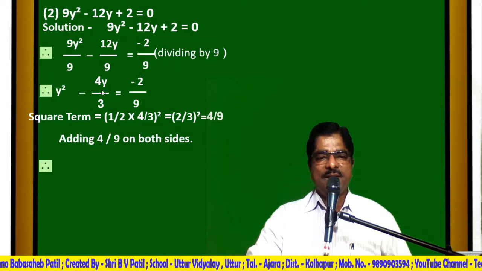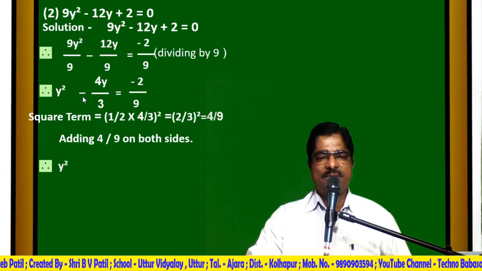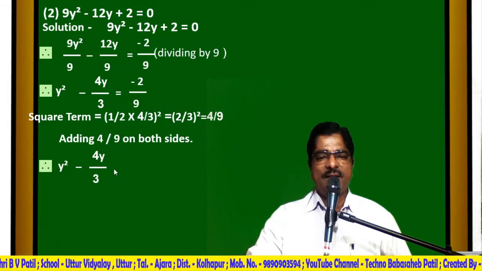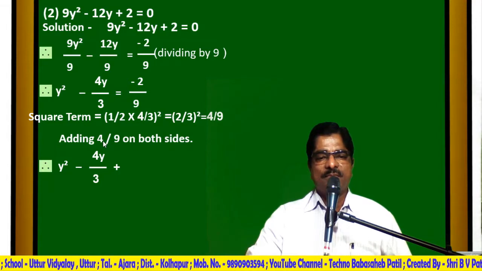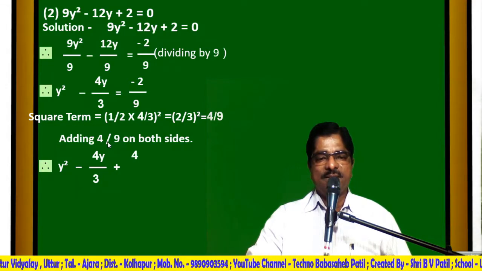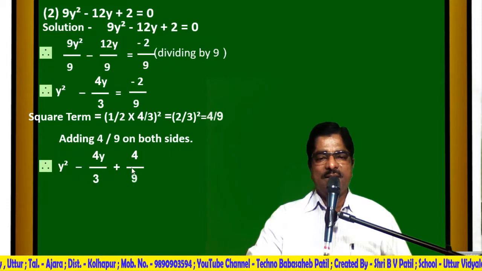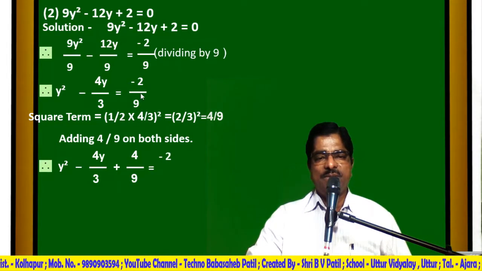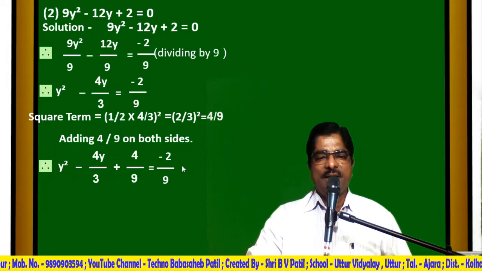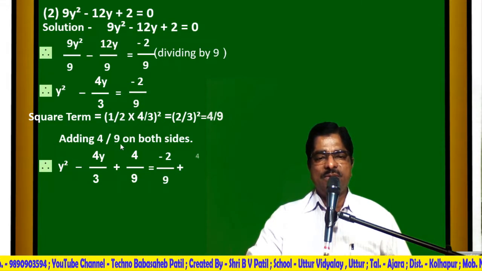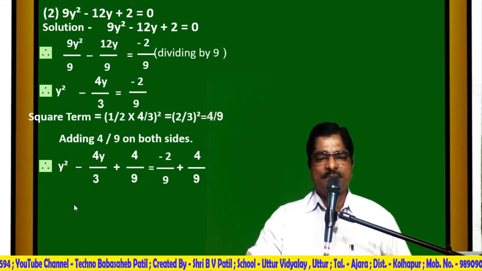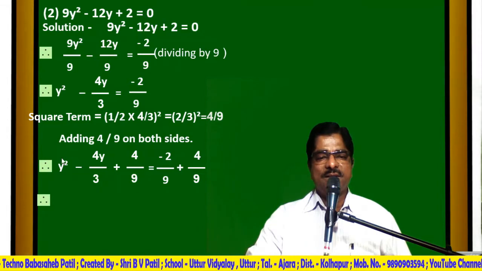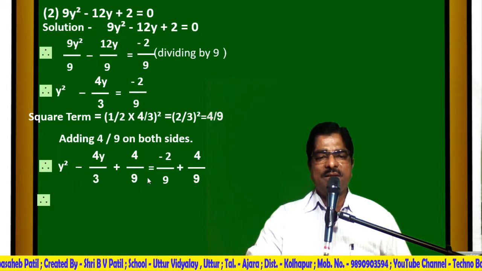Therefore, the LHS is y square minus 4y divided by 3, plus 4 upon 9, and the RHS is minus 2 divided by 9, and here we also add 4 upon 9. Therefore, this LHS is the square of which binomial?